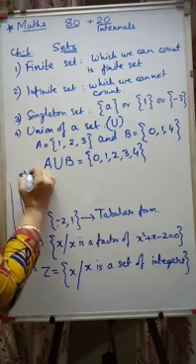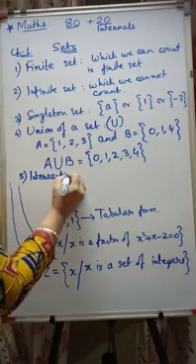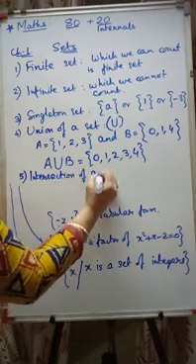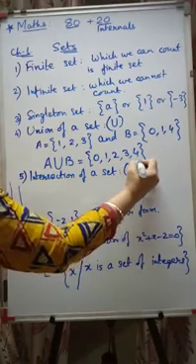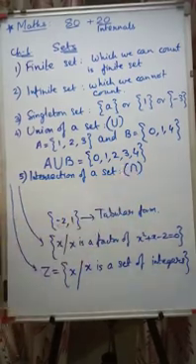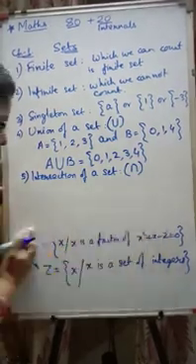Fifth, intersection of sets. It is denoted by an upside-down U. This is the sign, and if you want to remember it, you can remember it in this way also.